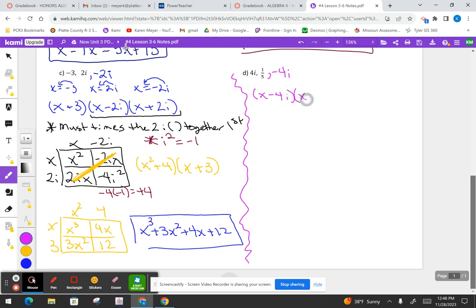The other one's going to be x plus 4i. And then remember the trick for the fraction. The bottom number goes in front of x, and then you change the sign of the top number. So if you don't want to set x equals each one and then move it over, here's the shortcut way. Multiply the 2 parentheses that have i's together, which are my first 2.